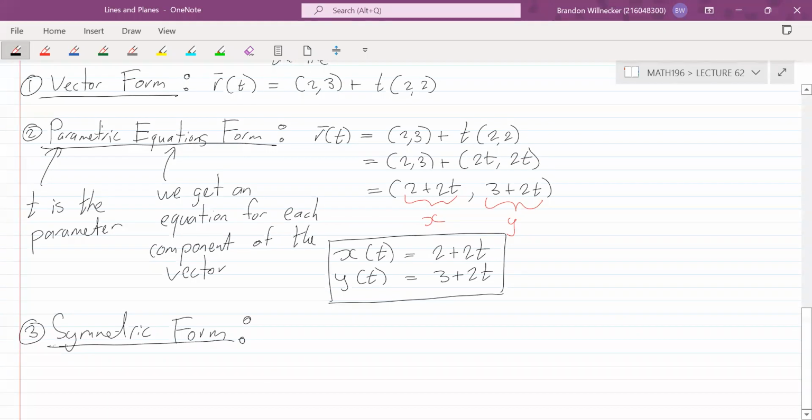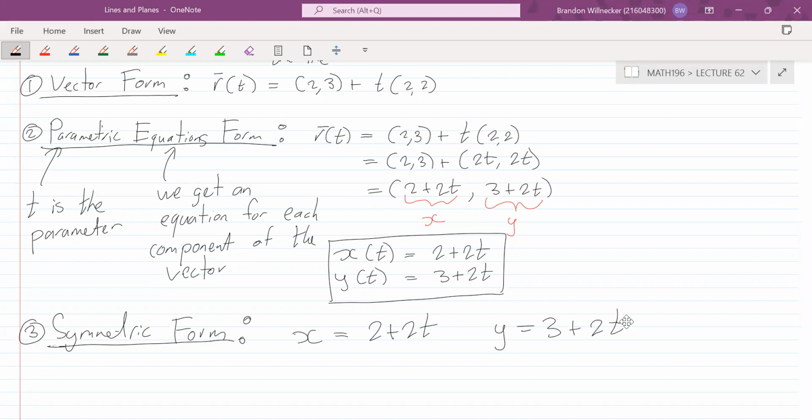So for symmetric form, we take these parametric equations and solve them for t. Firstly, I'm just going to write x, not as a function, just to make it simpler. So we have x is equal to 2 plus 2t, and y is equal to 3 plus 2t.